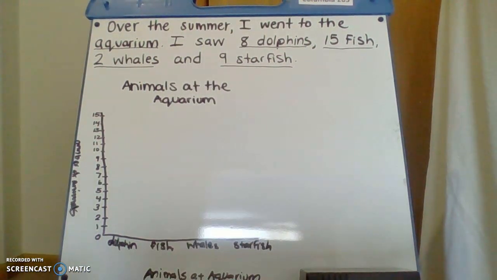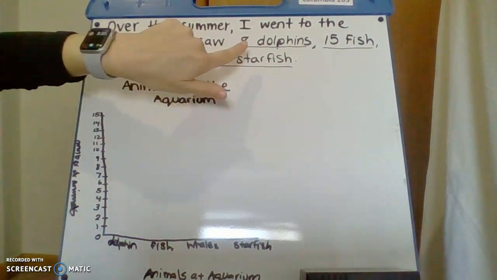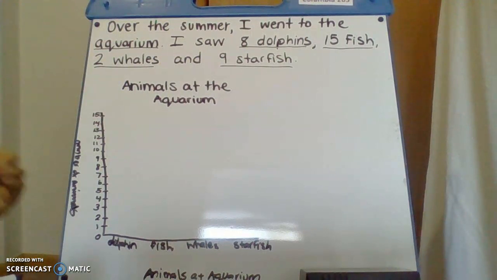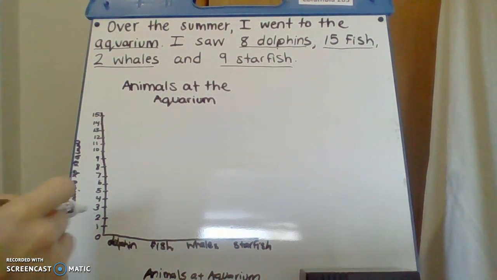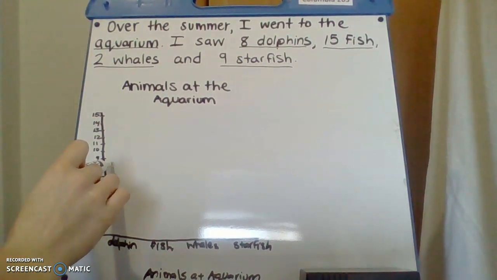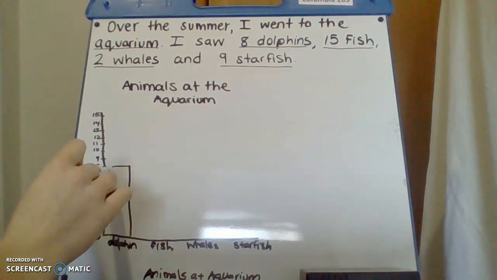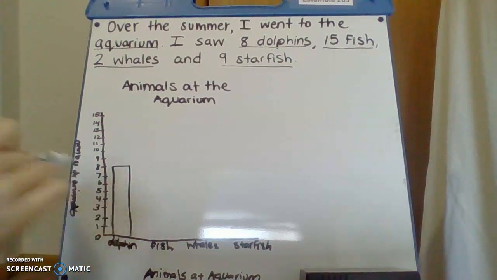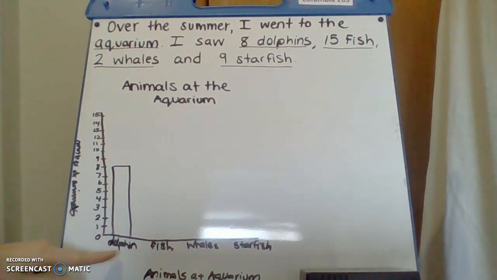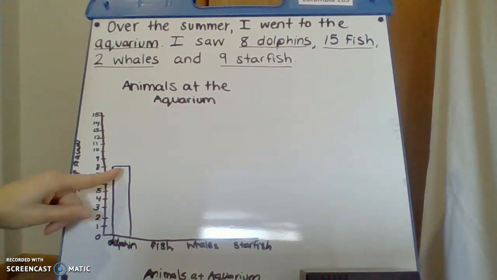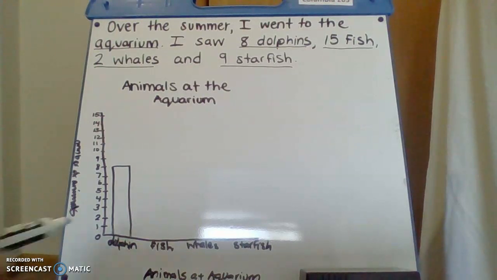Now with the bar graph, you're going to make kind of like a rectangular bar. So you look at your dolphin, that's the first one. You have 8 dolphins that I saw. So you go to the number 8, draw a little line, come straight down. So that represents 8 dolphins. The way you know that is you look at the dolphins, and you follow it up. It stops at 8, so Miss Hildebrand must have seen 8 dolphins at the aquarium.